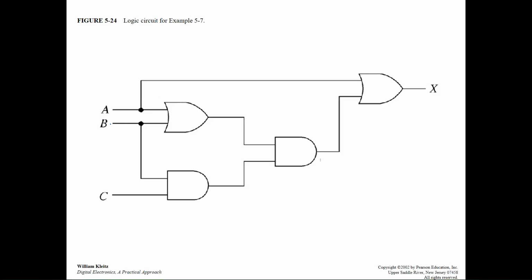Now, looking at the next signal, let me see if I can get this to highlight, just so we can follow this. So signal A, no matter what, it's going to trigger it. This is the path that signal A can take. It is the easiest path signal A will take. It doesn't have to wait to go through the OR gate, then the AND gate. It's just going to go straight through and send off the signal.